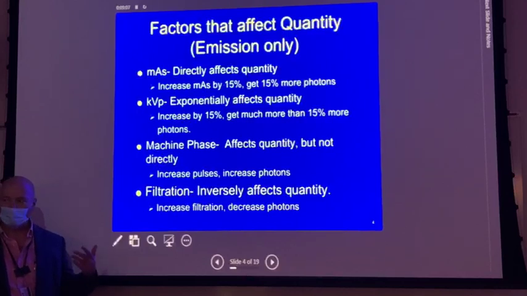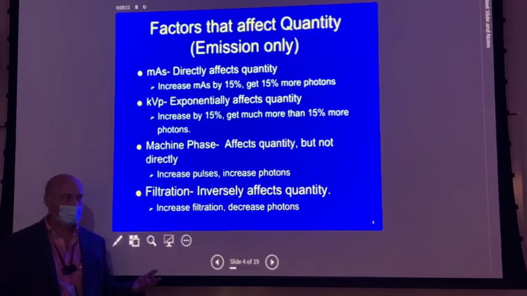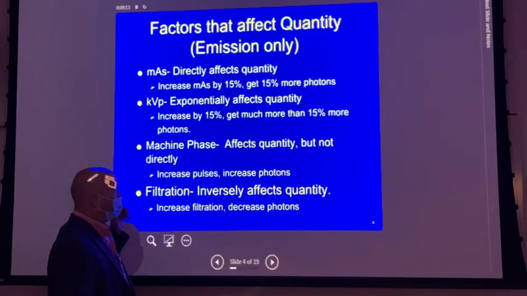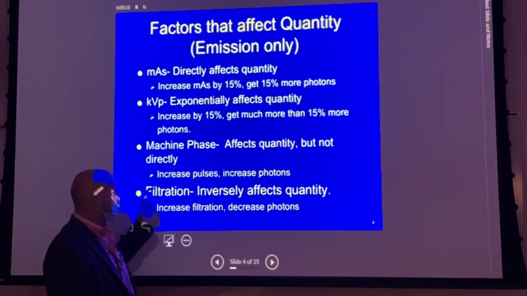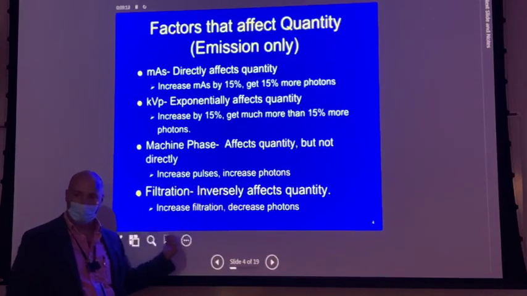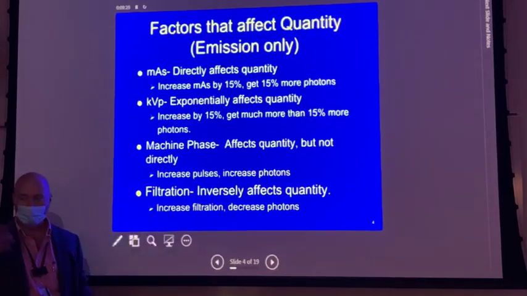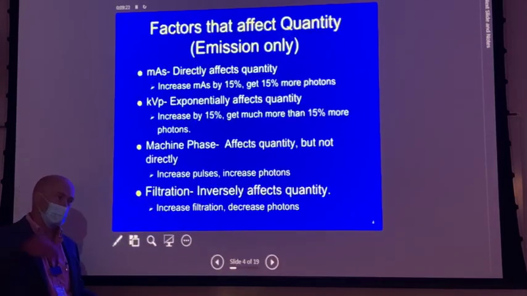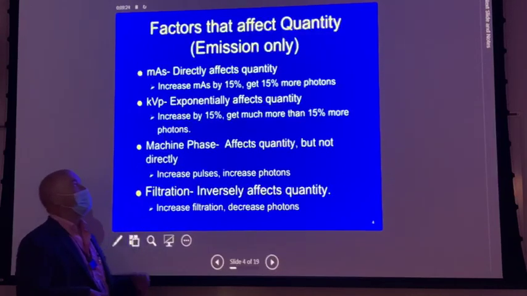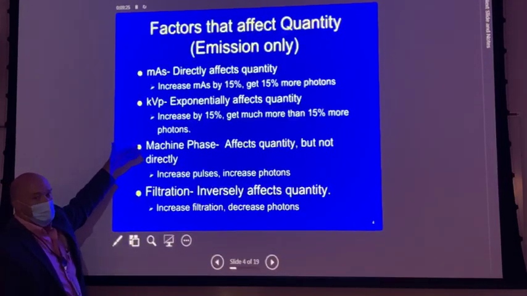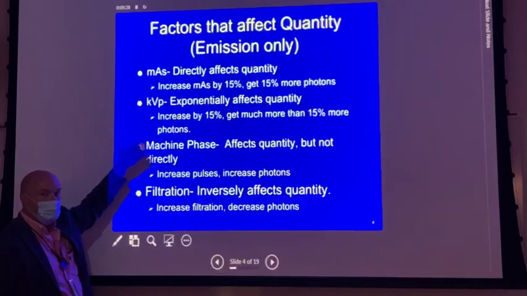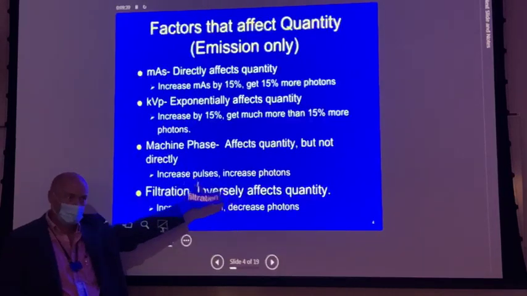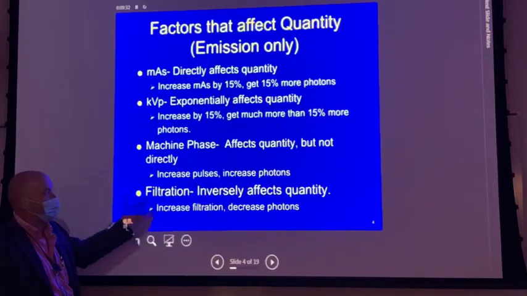Unfortunately, we'll lose some of the X-ray photons that would contribute to the overall mass, right? So our numbers, our quantity is inversely proportional to the filtration. The more filtration we have, the less numbers we have, right? So with mass, it's a direct relationship. With KVP, it's exponential in the same direction.